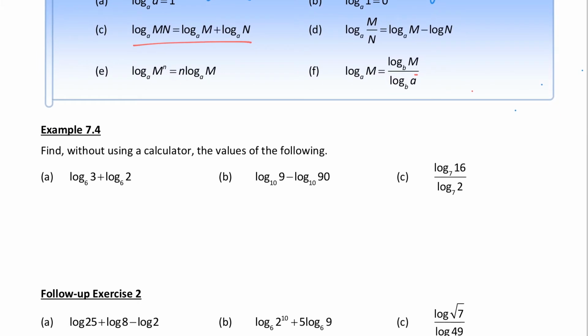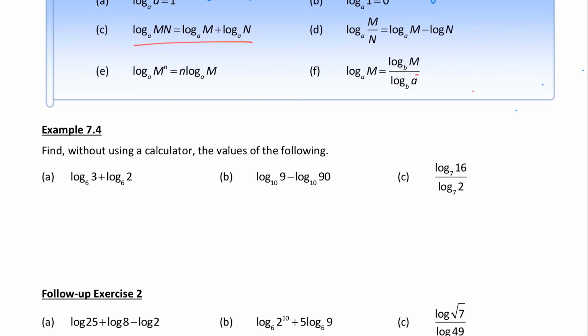Example 7.4. Find the values of the following without using a calculator. Log 3 with base 6 plus log 2 with base 6. Can you observe this is similar to log m plus log n with the same base?